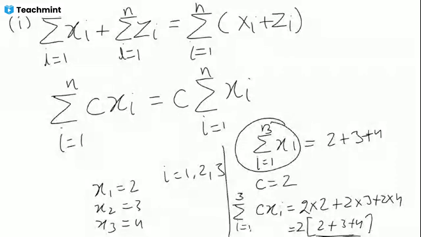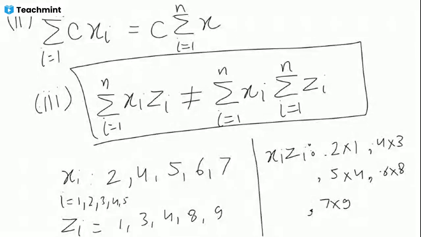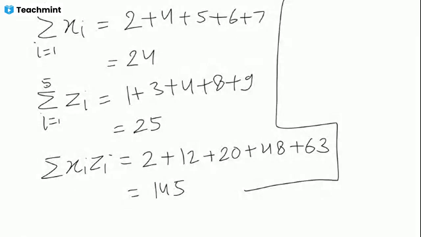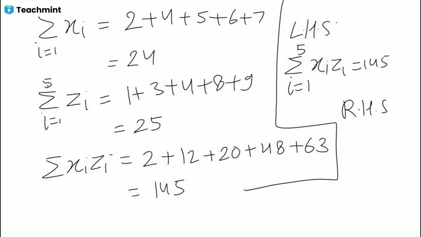On the left hand side, we have the summation of xi into zi, which we have already found, LHS, the summation i is equal to 1 up to 5 of xi zi. We have 145. Now let us find the RHS. What is it?